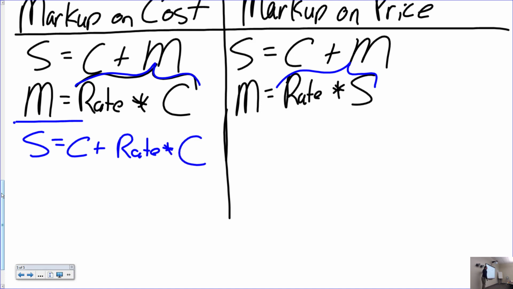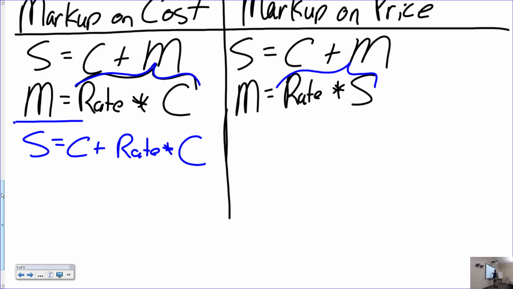What does this look like from chapter 6? The percent increase. This is new equals old plus rate times old. Very traditional method for dealing with markups.